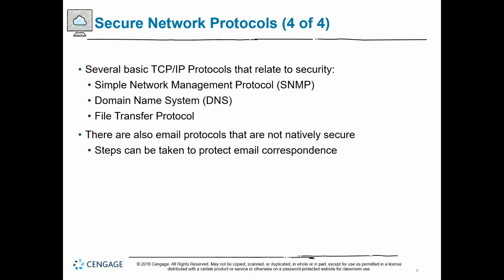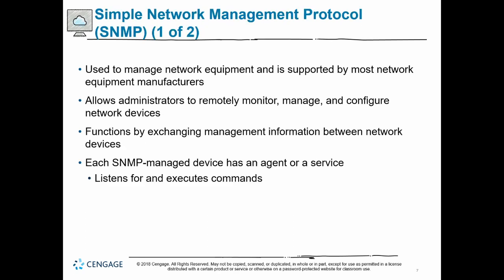IMAP is on port 143. The difference is that with IMAP, the email stays on the server and synchronizes between all devices, while with POP it gets downloaded onto your host and you can use it offline, but it's deleted off the server. There are different pros and cons to each one.